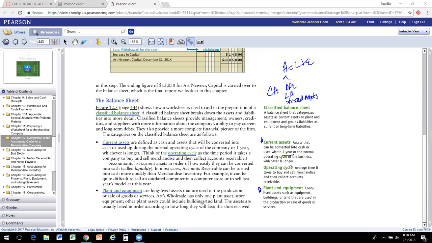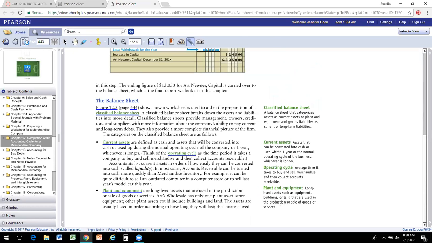Your book is going to call it property, plant, and equipment, which is fine. These are things that are usually used longer than 1 year. Think of your store cases, your display cases, your building if you bought it, or a delivery truck. All those things are going to be around for longer than 1 year.